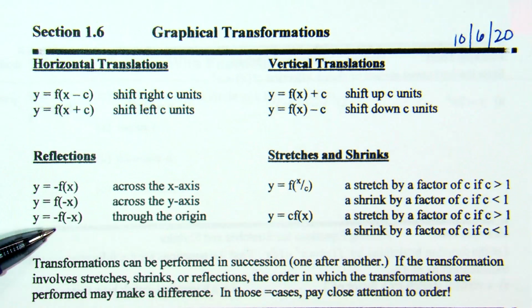And then we've talked about the origin, but this is new in terms of looking at the equation. If there's a negative multiplied by the whole equation and a negative on the x, that is through the origin. If you think about it, that is combining the x-axis and the y-axis reflections, yes?